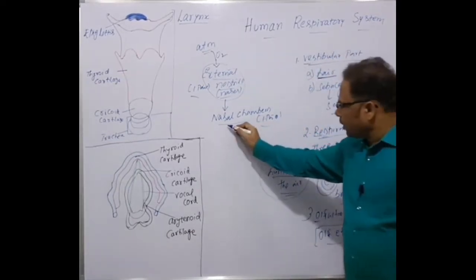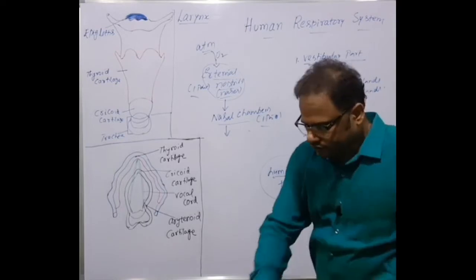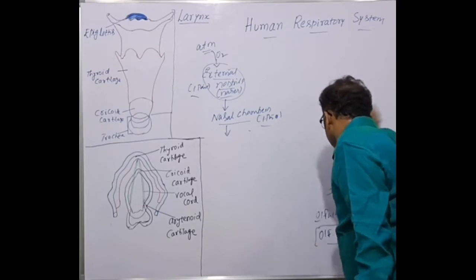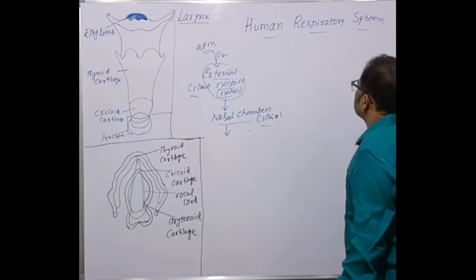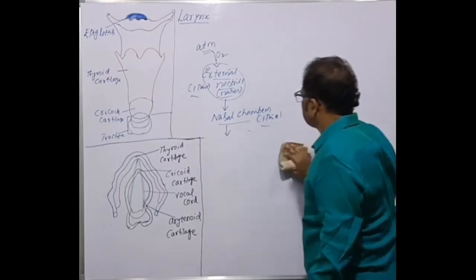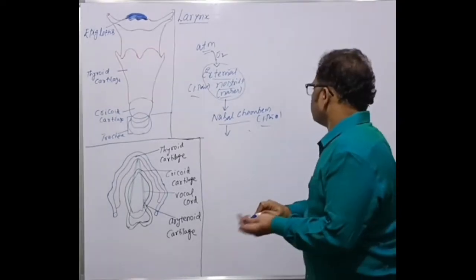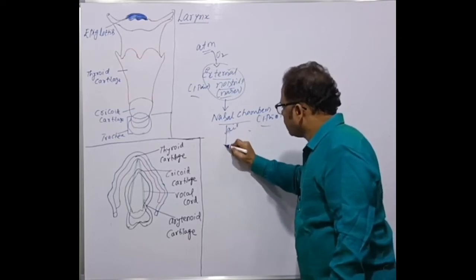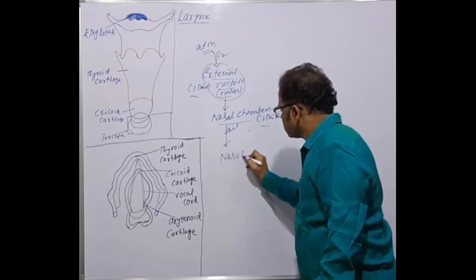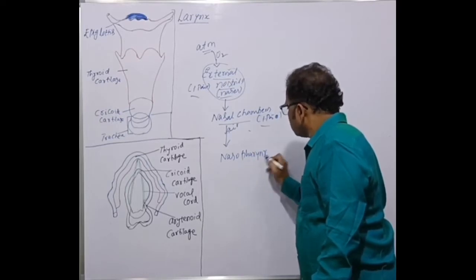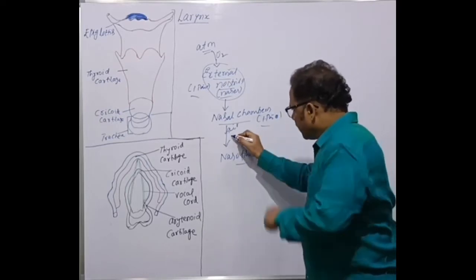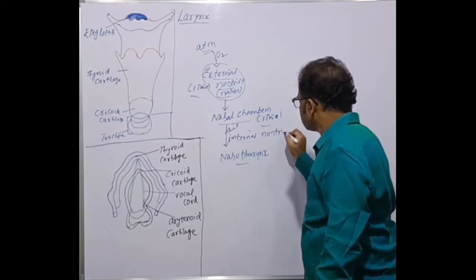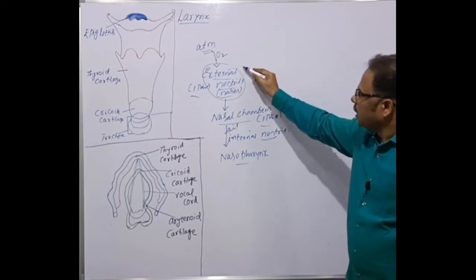Okay, from the nasal chambers, let's discuss now. From the nasal chambers, the air now enters into the nasopharynx through the pair of internal nostrils or nares, as distinguished from the external nostrils.